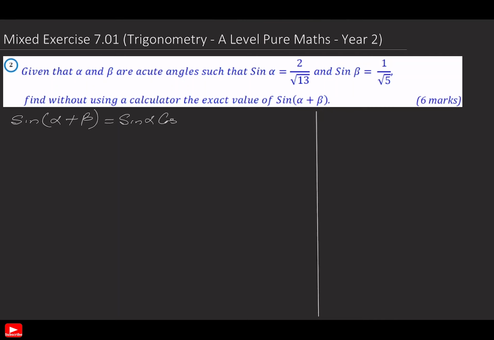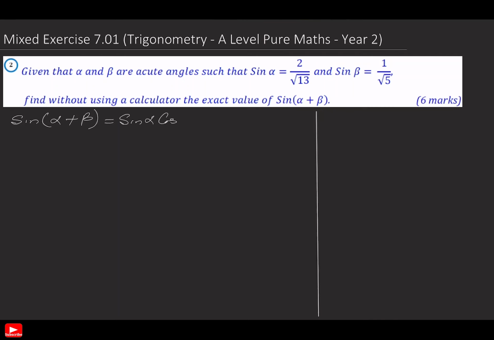To find this length here, I can use Pythagoras Theorem, so I get the square root of root 13 squared, which is 13, minus 2 squared. I get the square root of 13 minus 4, that is the square root of 9, which gives 3. So this side here is 3.